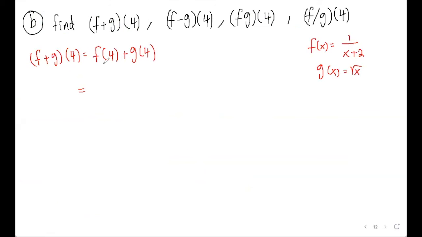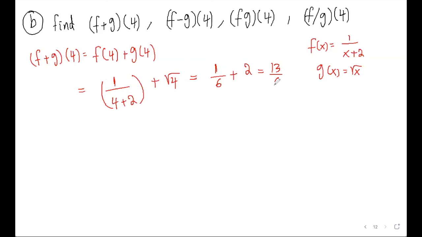So f of 4, you plug the 4 inside, gets 1 over 4 plus 2, plus g of 4, which is square root of 4. And this is equal to 1 over 6 plus square root of 4. Square root of 4 is 2.